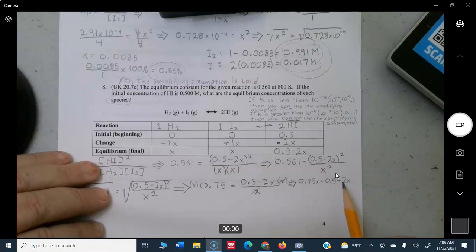Now we're going to add 2x to both sides. This goes away, and then you have 0.5 over here, and that's 2.75x. Now we divide both sides by 2.75.